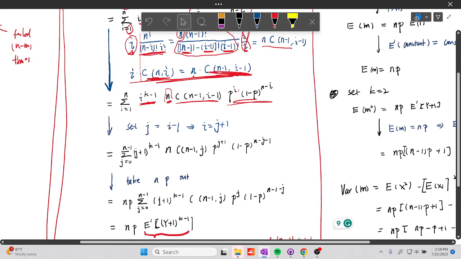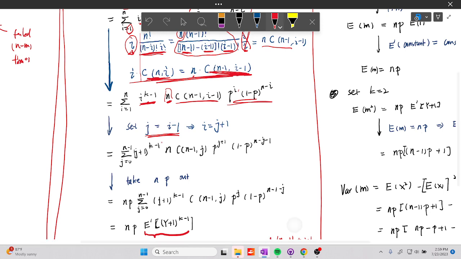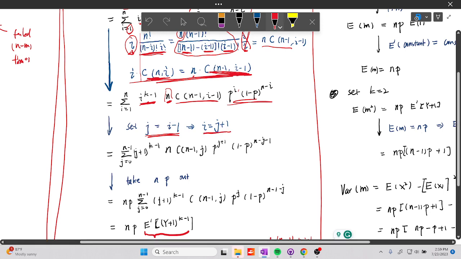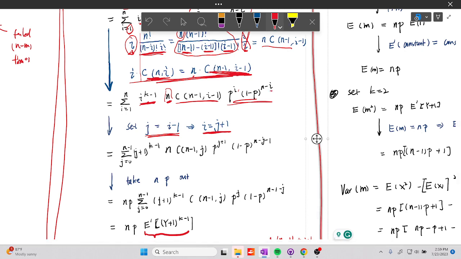And you set j equals i minus 1. In other words, i equals j plus 1. You substitute everywhere i is with j, you end up getting this expression. Substitute here, here, here, here. For the counting, it's a bit tricky, at least for me.